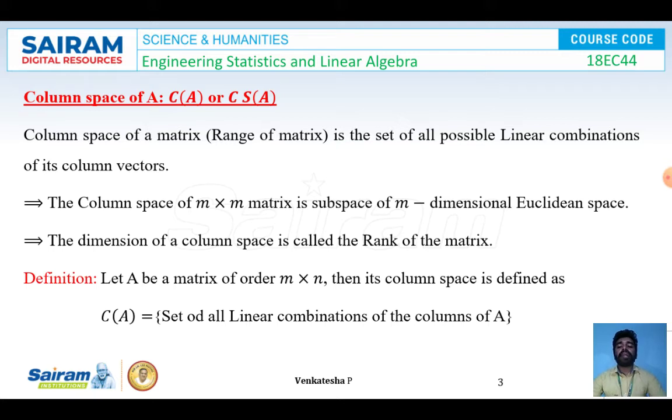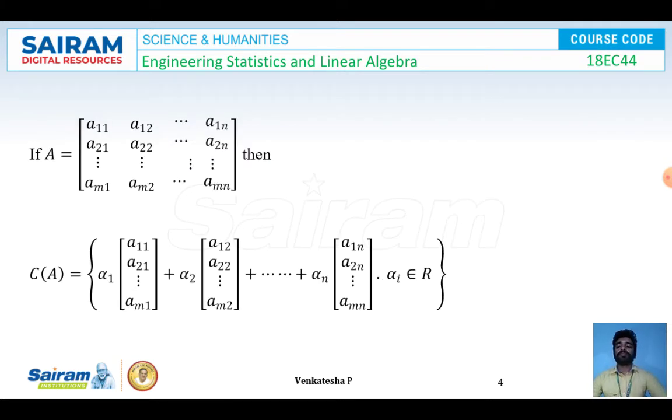Definition: let A be a matrix of order M cross N, then its column space is defined as C of A equal to the set of all linear combinations of the columns of A. It is given by the matrix A equal to A11, A12, etc. A1n, A21, A22, etc. A2n, and AM1, AM2, etc. AMN.